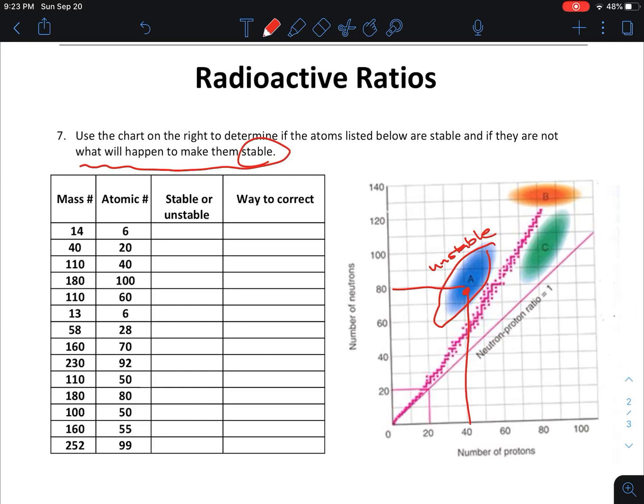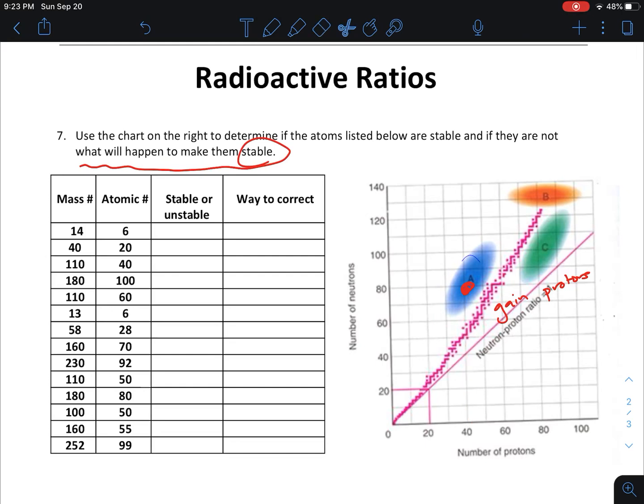So if I have this unstable, we could say how would I make that stable? Well, I could either gain protons, because if I gain protons, it's going to take this dot and move it over into the realm of stability.